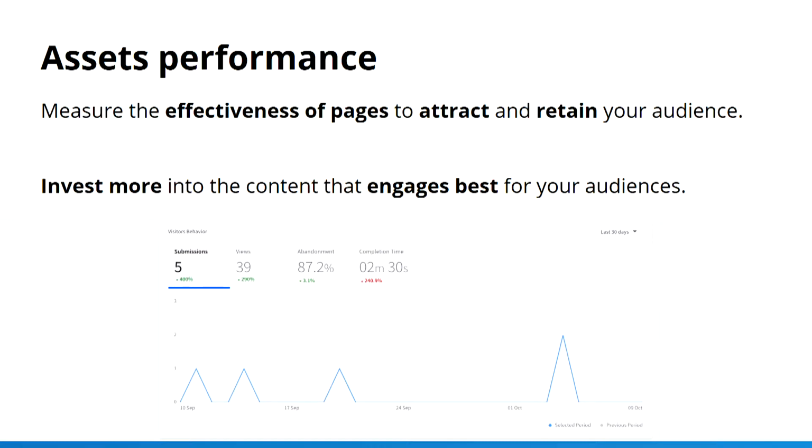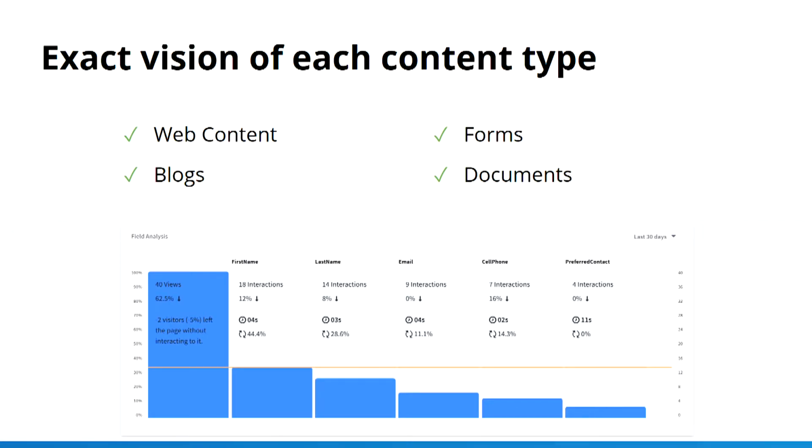And the information is going to be very accurate, very detailed, like the percentage of abandonment, the reading time in a blog, etc. If you connect Liferay Analytics Cloud with Liferay DXP, without doing anything, you have that kind of metrics, okay? Exact metrics of web contents, blogs, forms, documents, and more that we will be adding soon.